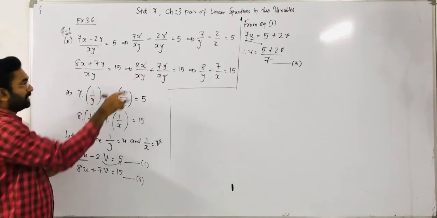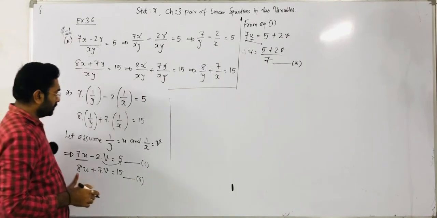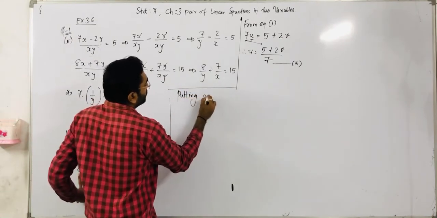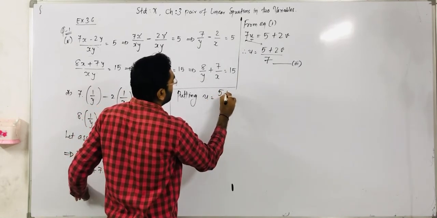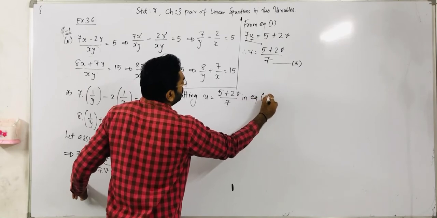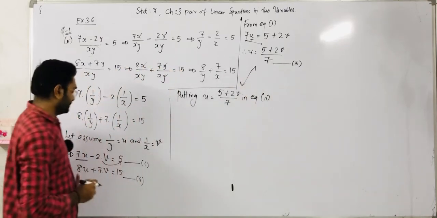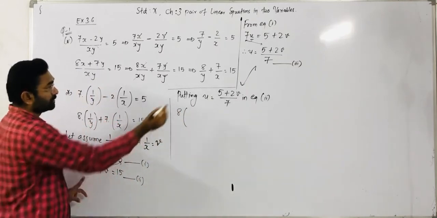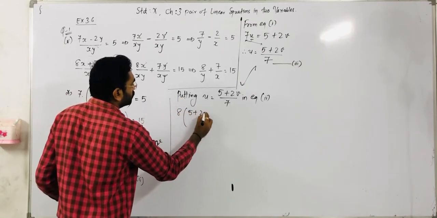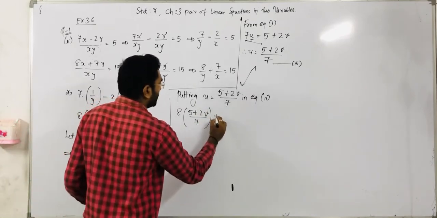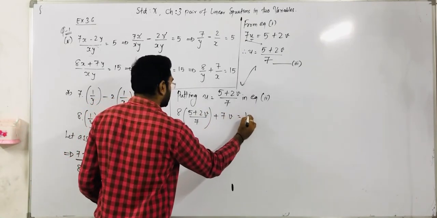Whatever the u value is, we have to put it in equation number 2. So u is equal to 5 plus 2v divided by 7. Putting the value of u in 8u plus 7v is equal to 15, we get 8 times 5 plus 2v divided by 7 plus 7v is equal to 15.